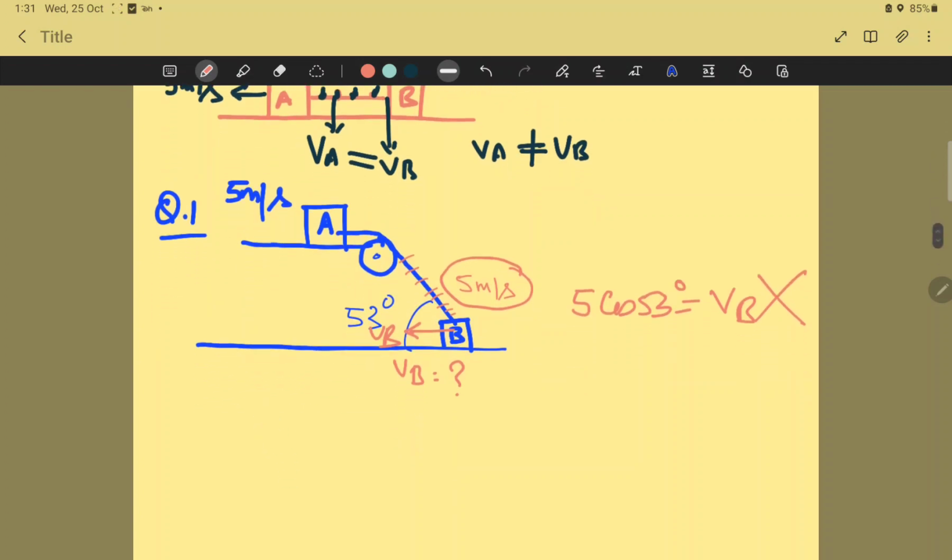So when you resolve along the direction of the string, it would be VB cos 53 equal to 5. So VB is equal to 5 upon cos 53. This is the correct answer. Always remember, never resolve string velocity along the block direction, but always resolve block velocity along the string direction, because along the string direction each and every particle, all the points, will be carrying 5 meter per second, which will never change.